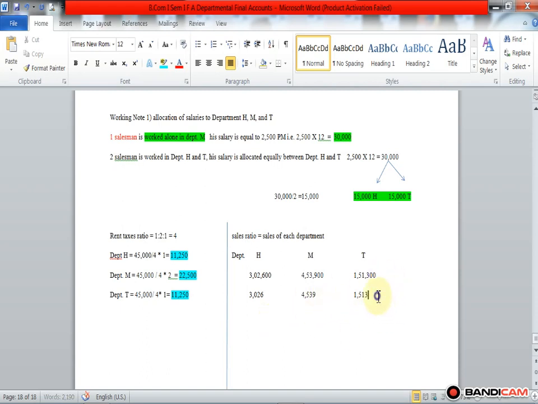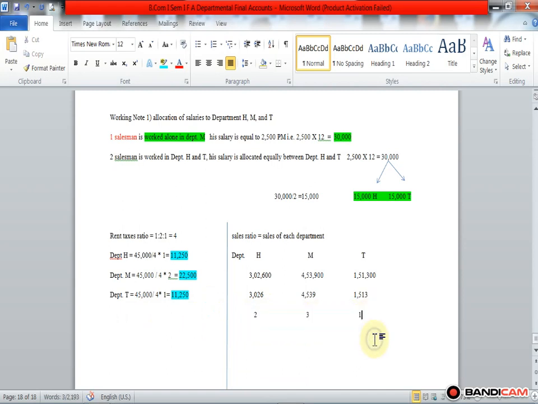And the ratio is 2 to 3 to 1. These are the sales ratio.